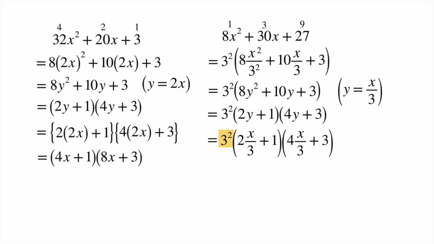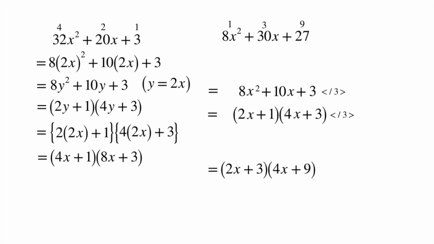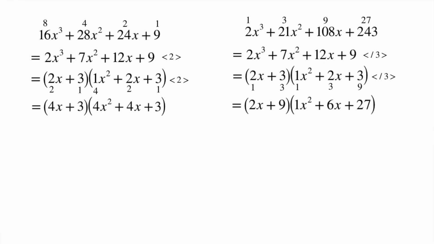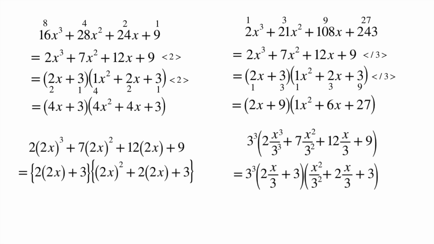Then distribute 3 to each factor. We skipped 3 squared and substitution. You can do skeleting also in high degree expressions.